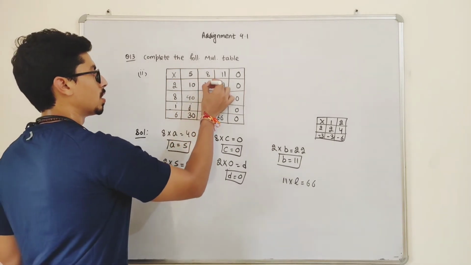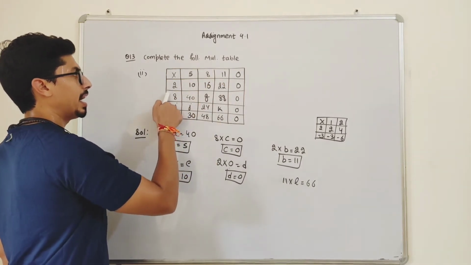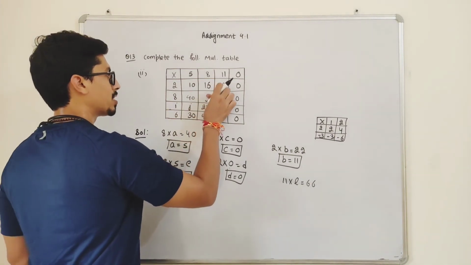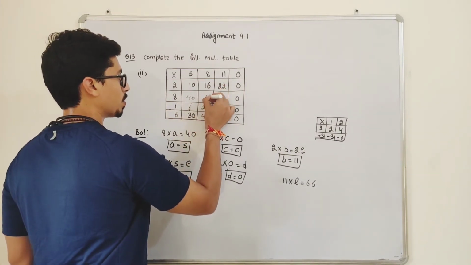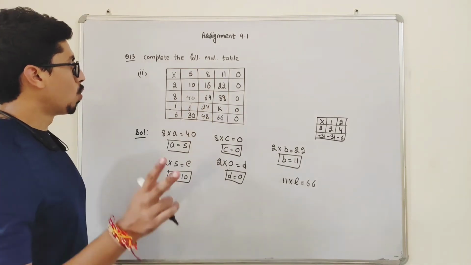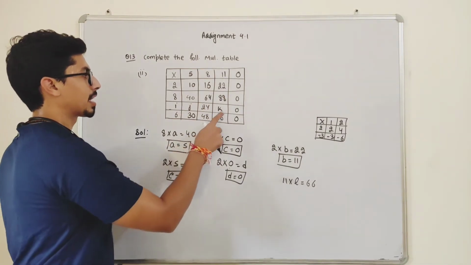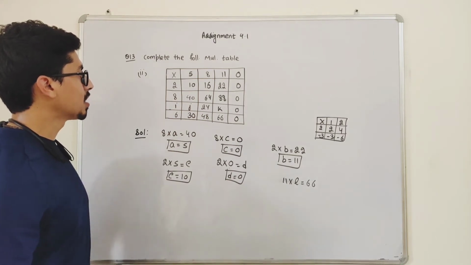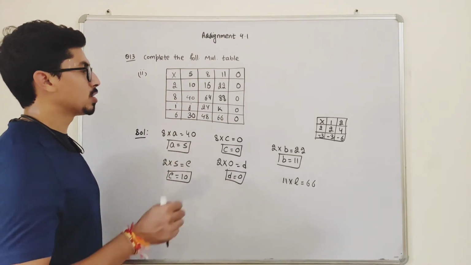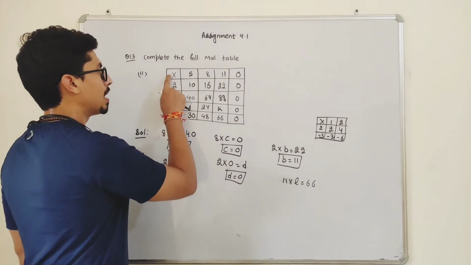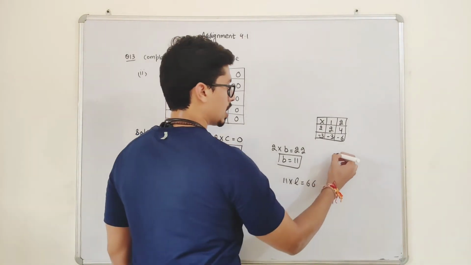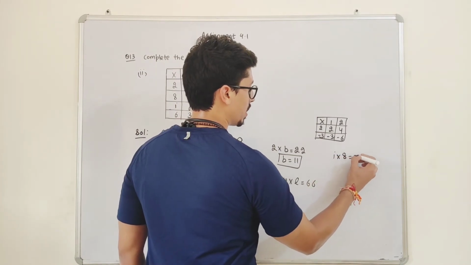Now 8 multiplied by 8, 8 8s is 64, so this number is 64. So the only numbers that are left are K and J. See students, I multiplied by 8 is 24.